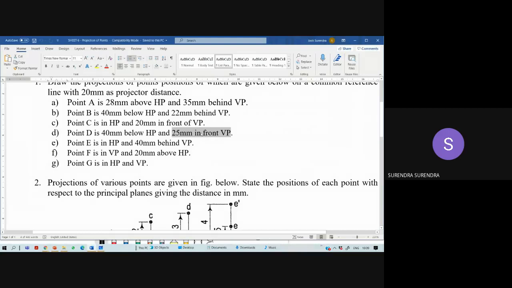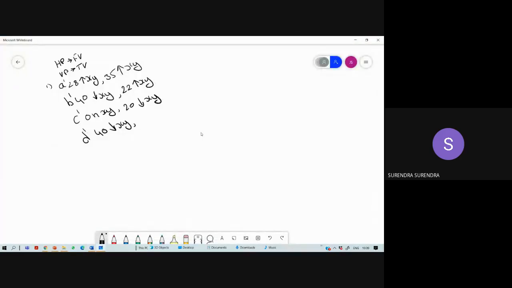So in front of vertical plane implies below. We'll get top view below XY line. So D is 25 mm below XY line.